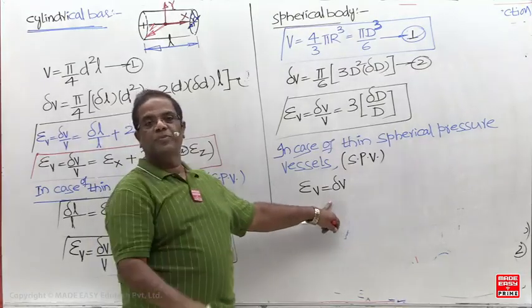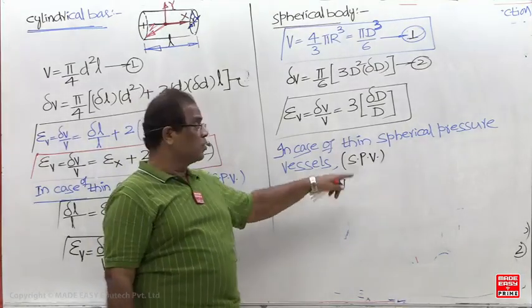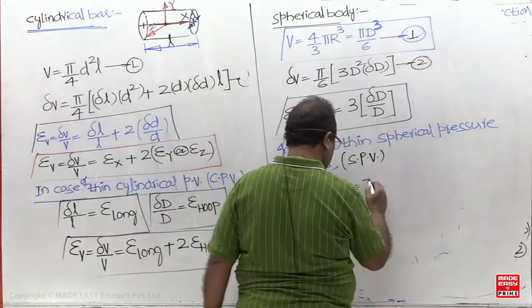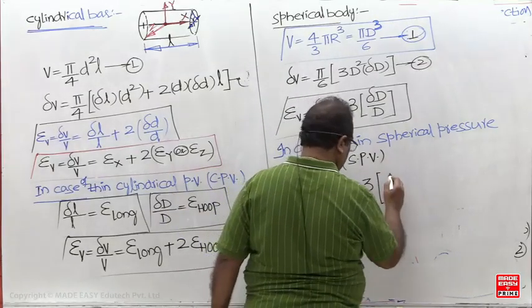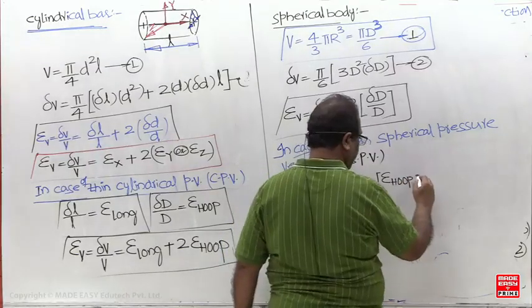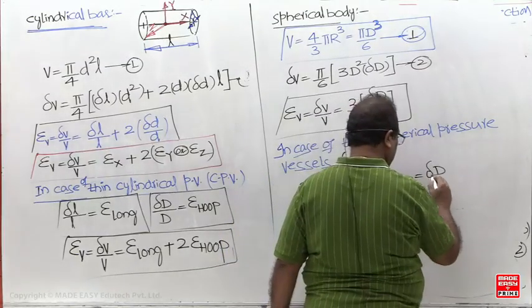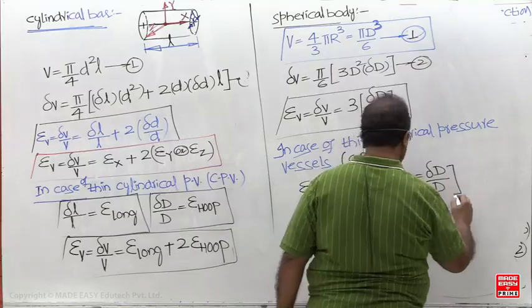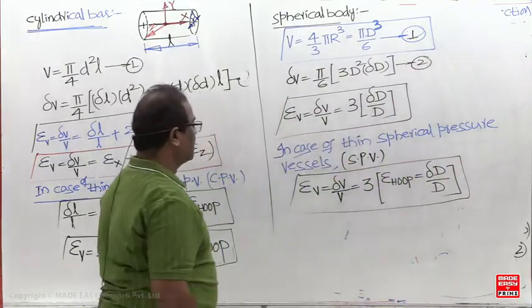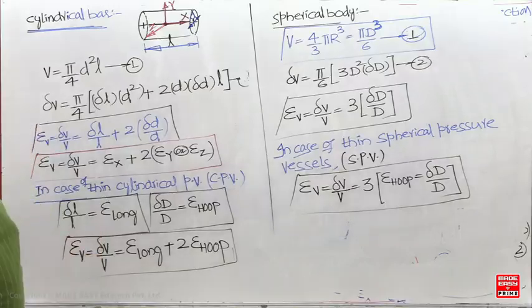A sphere is a symmetrical object, so there is no longitudinal strain, only you are going to get a hoop strain. So volumetric strain is 3 times the hoop strain, that is delta d by d.